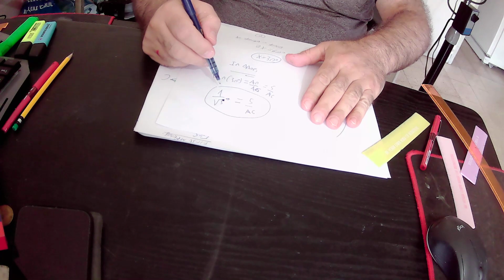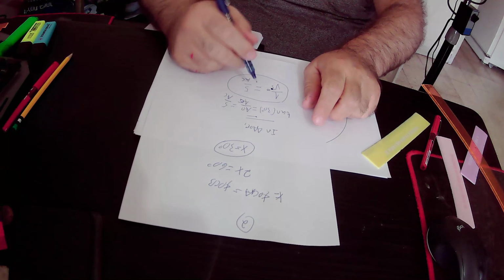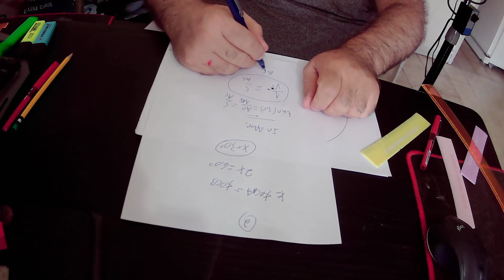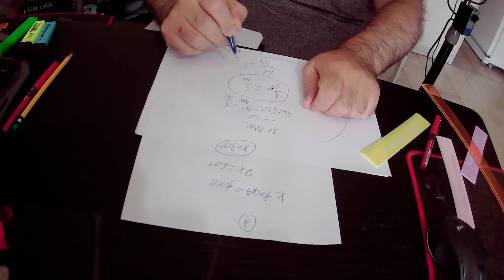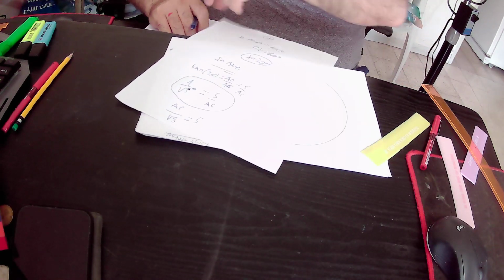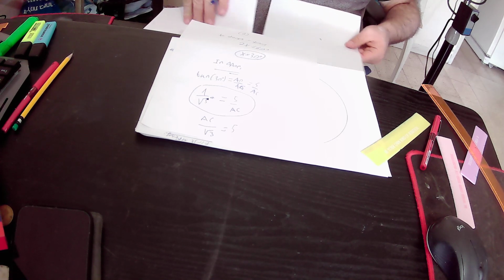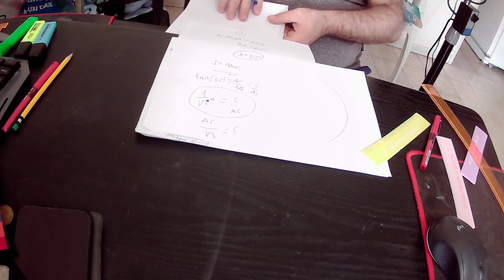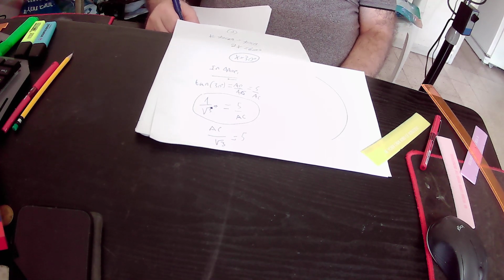We will multiply this equality by AC, and we will get that AC over root 3 equals 5. Here we will multiply this equality by root 3 in order to get the value of AC. We will get that the value of AC is 5 times root 3 units.